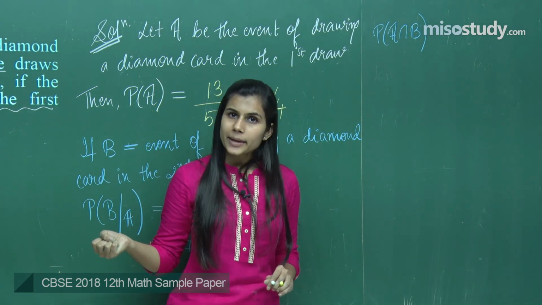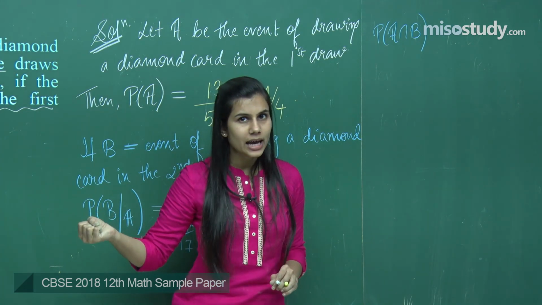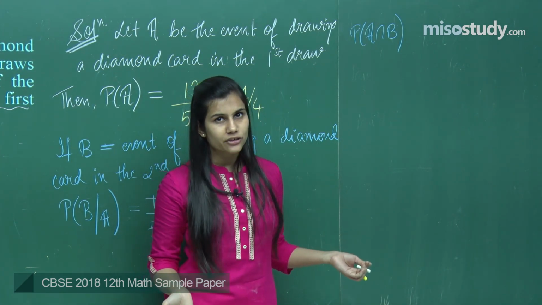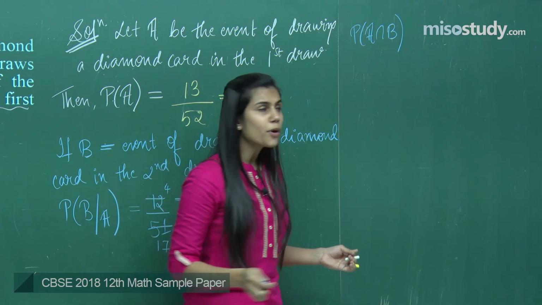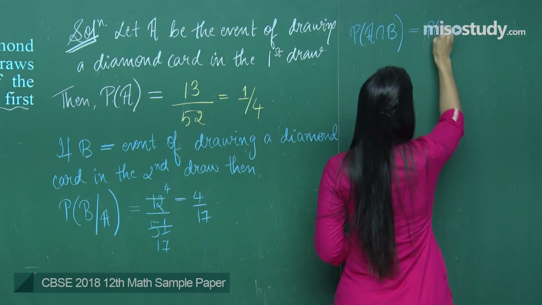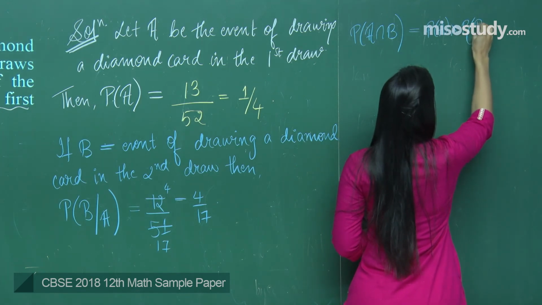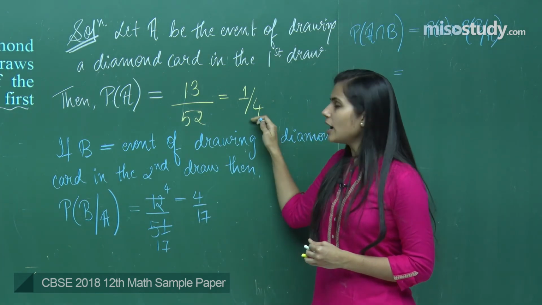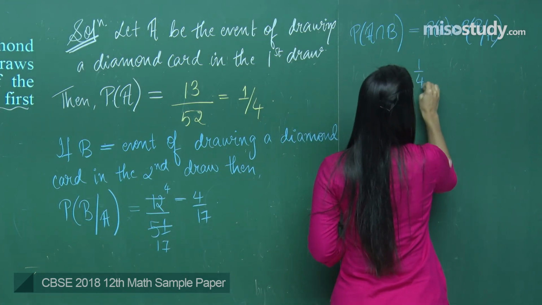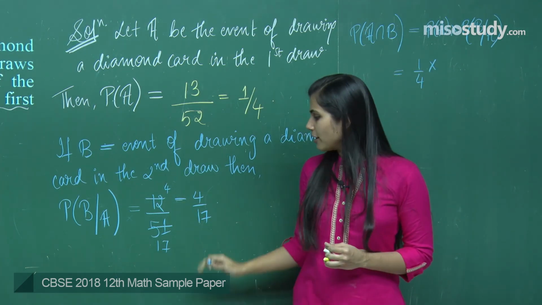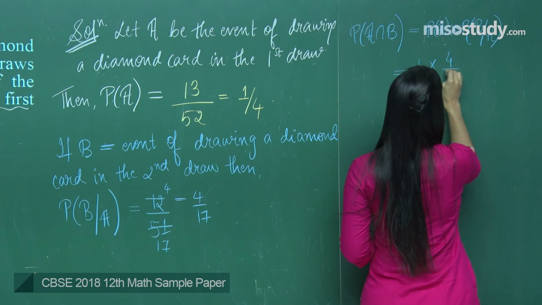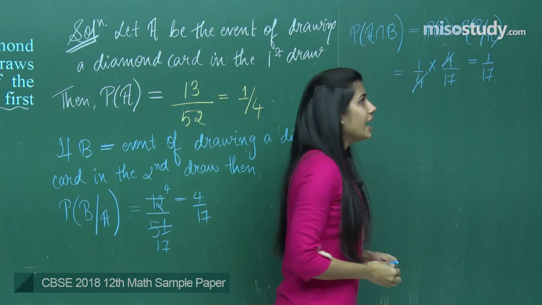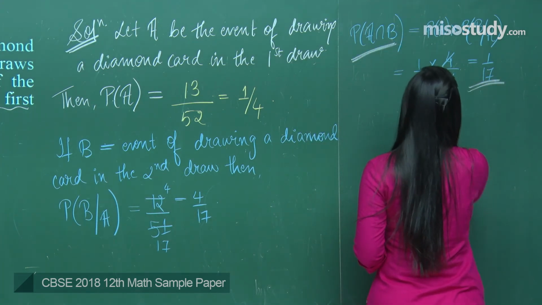That means the event is A intersection B. The conditional probability formula tells me that this is equal to probability of A into probability of B by A. Probability of A we just found out to be 1 by 4, and probability of B by A came out to be 4 by 17. And that gives me 1 by 17. And that is my answer.